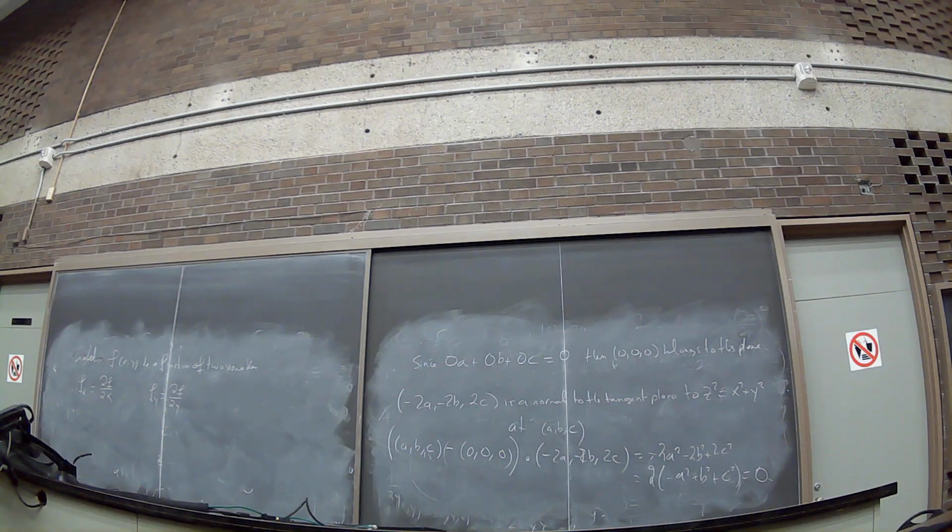Now, f_xx, what is that? It's just del over del x of f_x. So we define f_xx as differentiating f_x with respect to x.